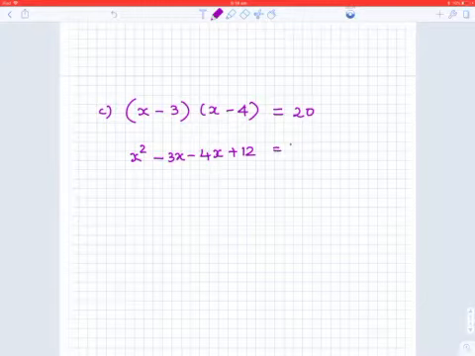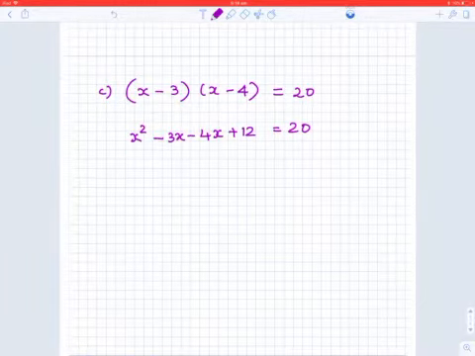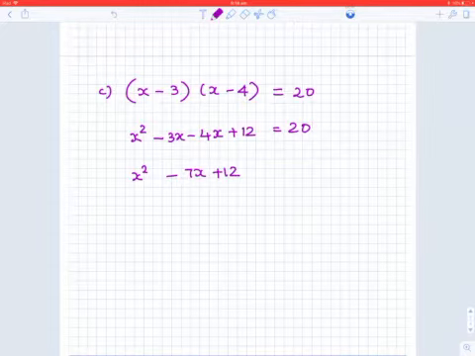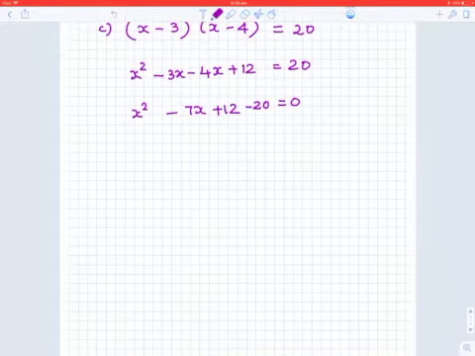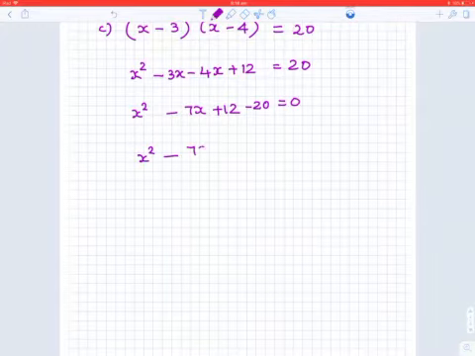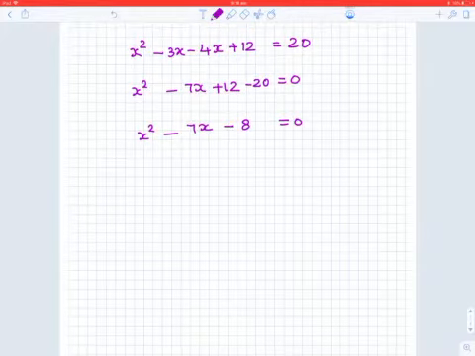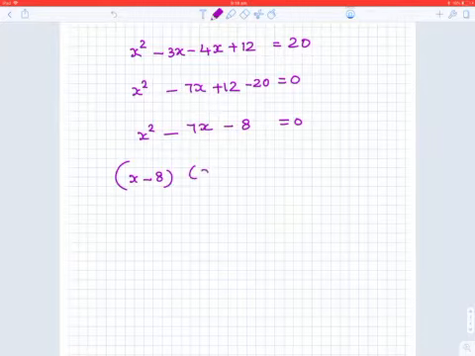So let us expand. When you expand, this gives you x squared minus 3x minus 4x plus 12 equal to 20. Next line, grouping, minus 7x plus 12. You bring the 20 to this side because you need to bring it to standard form. So this gives you x squared minus 7x minus 8 equal to 0.